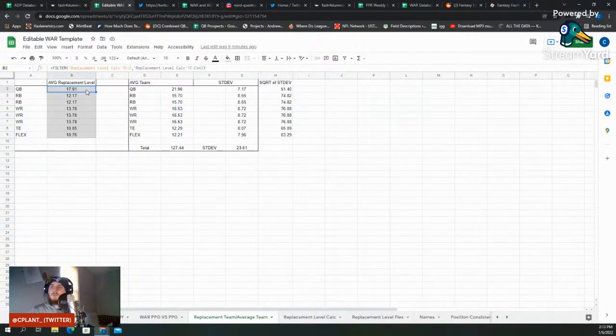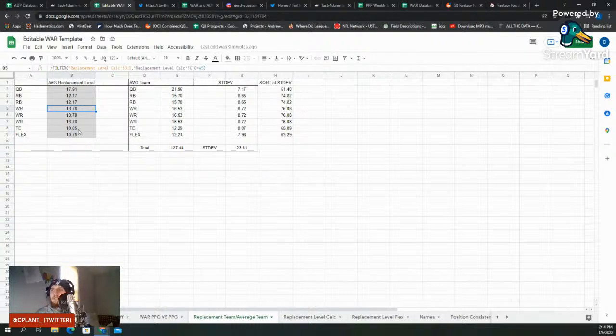Now, to find the replacement level of all these other positions, I originally started by doing the same method as the flex, but it was coming up super wonky, and I don't know how to explain it. It was essentially making the averages too high, because there would be a lot of receivers outside of the top 24 that would have really good games and then boost the average up way too high.